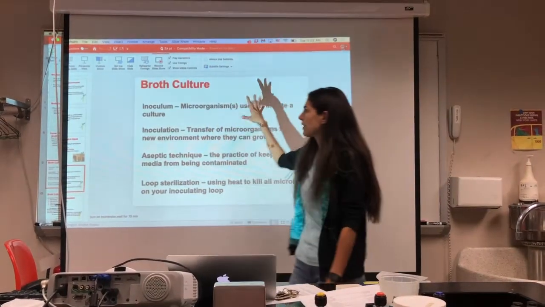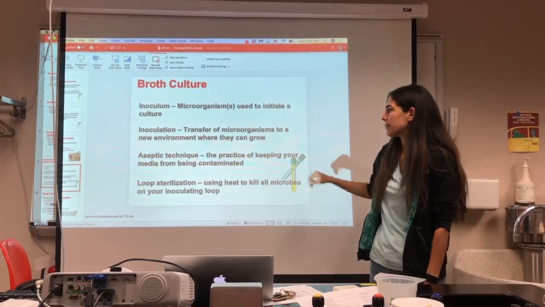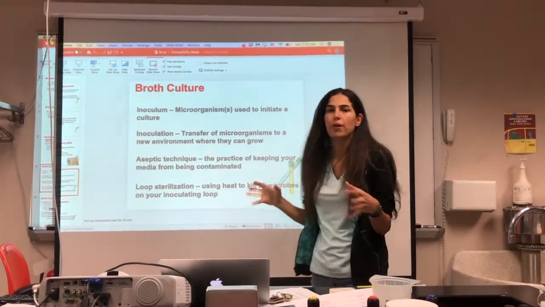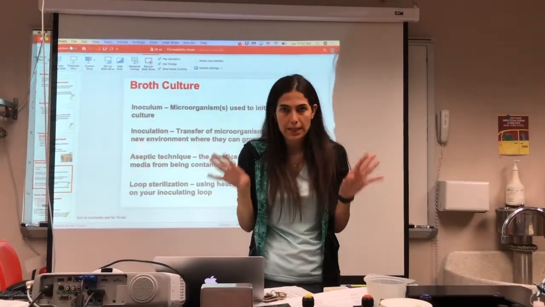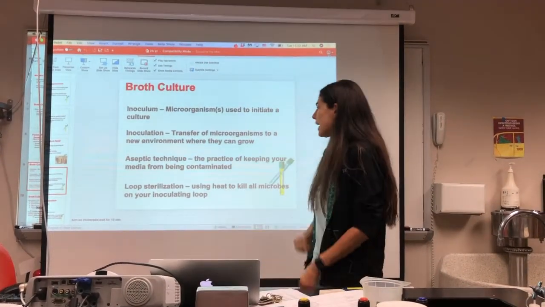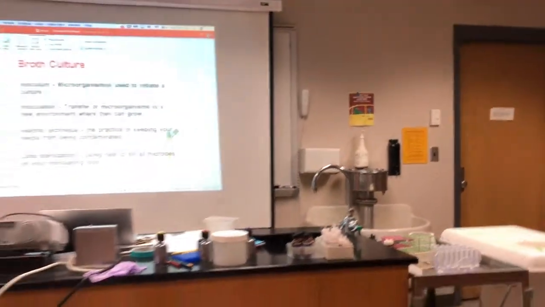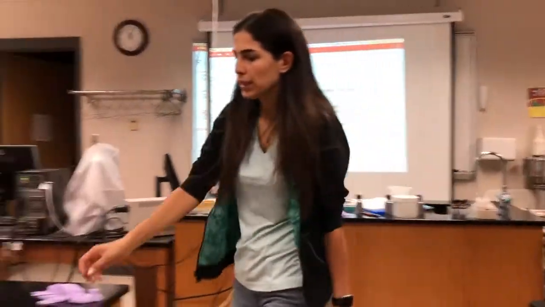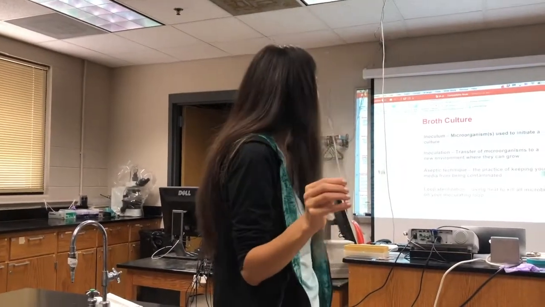So you already know what is inoculum, what is inoculation. The aseptic technique is the practice of keeping your media from being contaminated. So you always need to follow the aseptic technique in order to avoid any contamination. And the loop sterilization. In order to inoculate the bacteria, we need to use the loop. Here is how the loop looks, but we need to sterilize it.